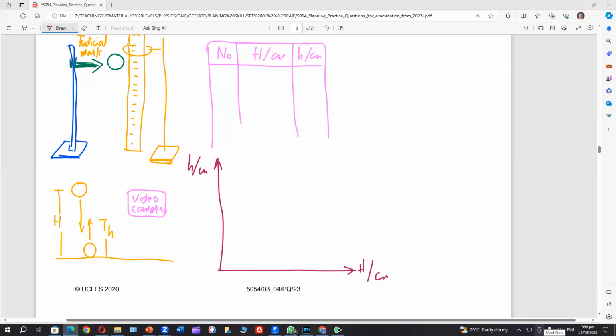Write down the procedure: arrange the operators as shown. Drop the ball from the height.